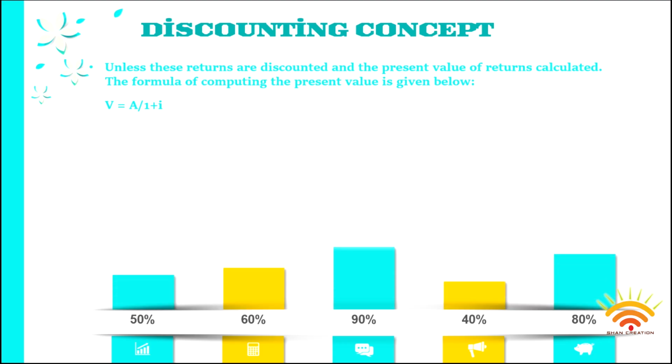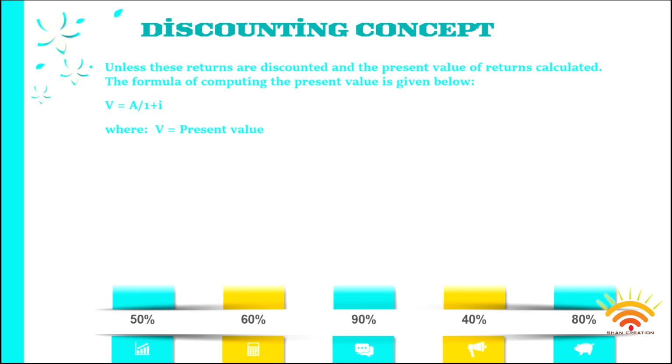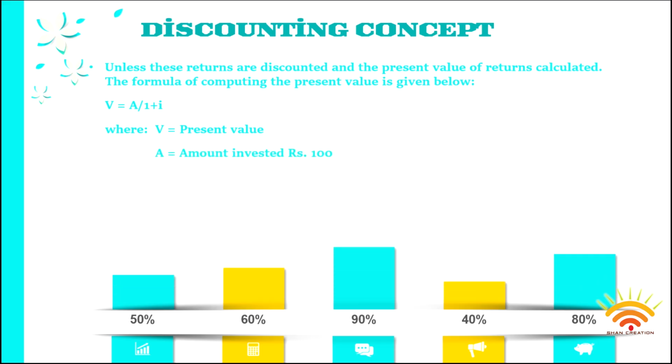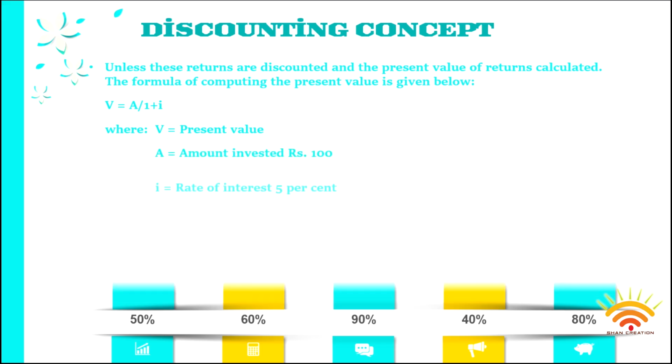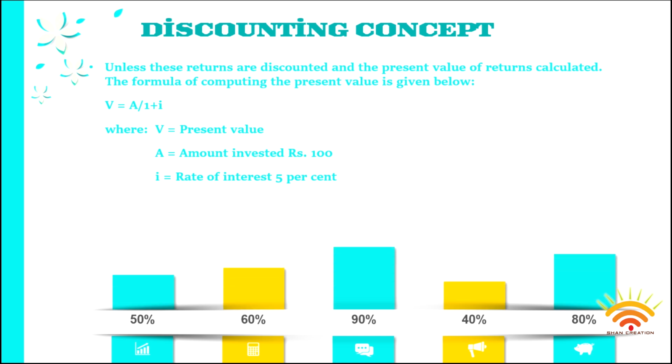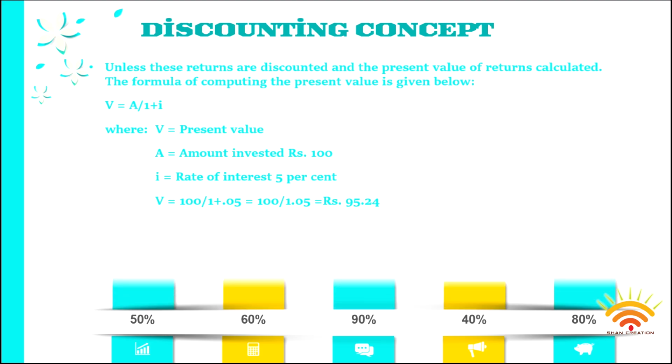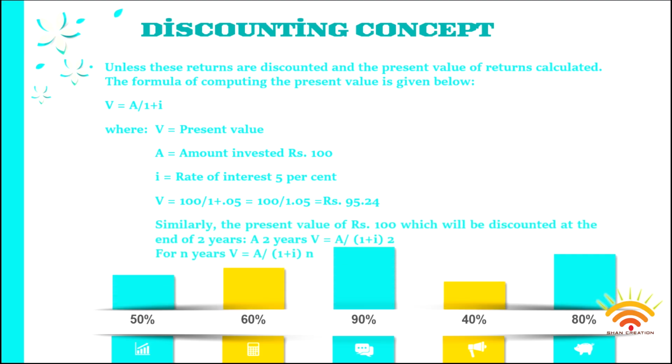V is equal to A divided by 1 plus i. Here V means present value, A is the amount invested, rupees 100, and i is the rate of interest, 5%. Similarly, the present value of rupees 100 which will be received at the end of 2 years can be calculated through this formula and decisions can be made whether the rupees are worth more at present or in future.